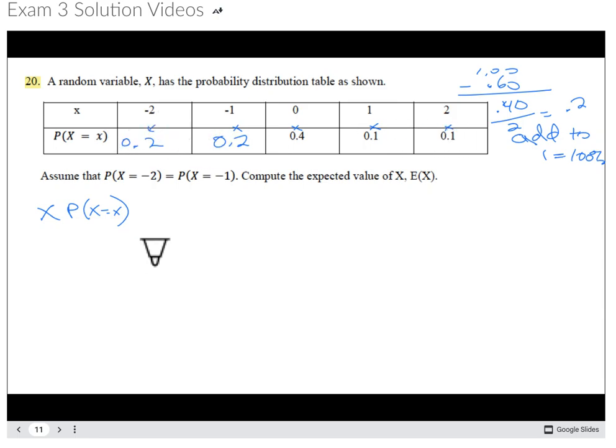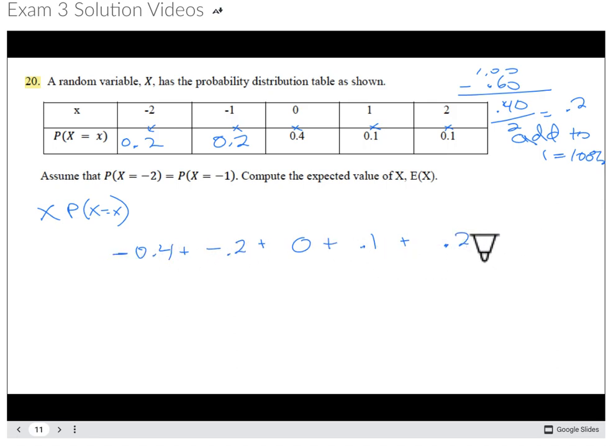Negative times a positive: 2 times 2 is 4, so we get -0.4. -1 times 0.2 is -0.2. 0 times 0.4, that's 0. 1 times 0.1, that's 0.1. And 2 times 0.1 is 0.2.